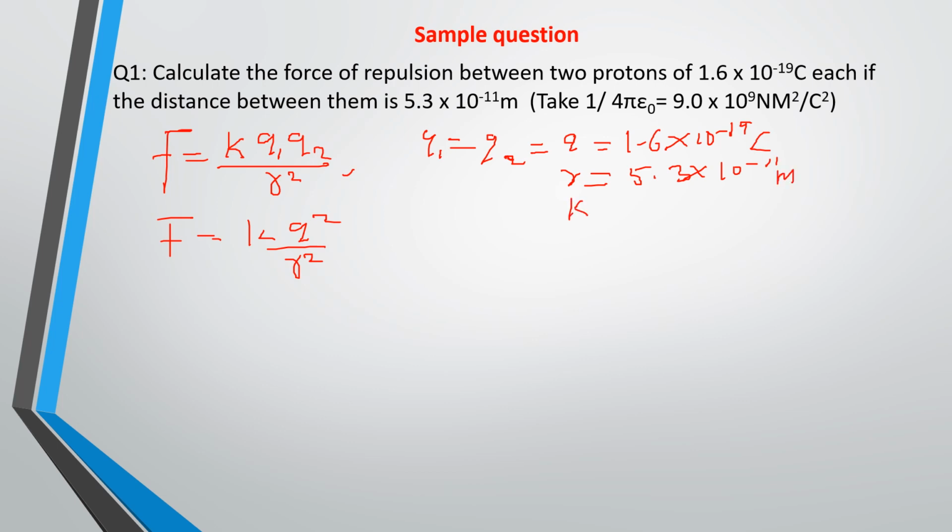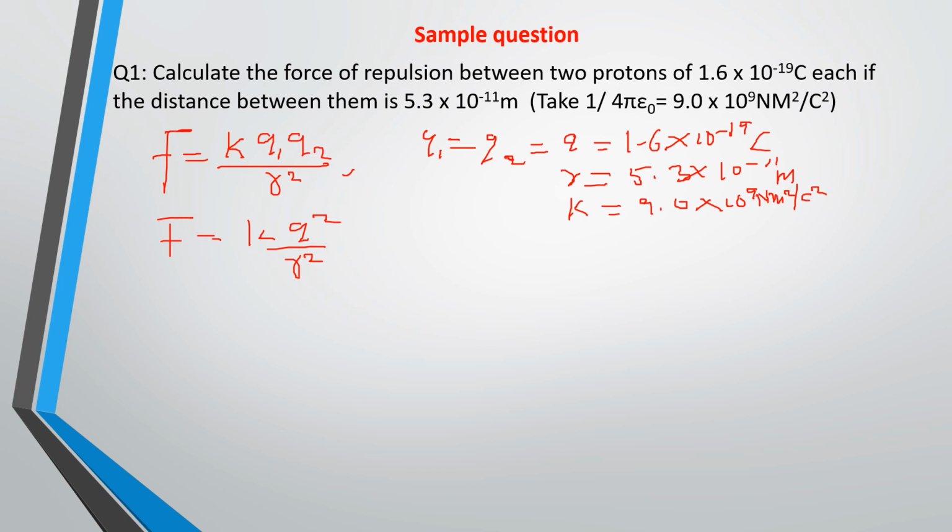K, which is 1 over 4 pi epsilon 0, is given to you to be 9.0 times 10 raised to the power 9 Newton meter squared per Coulomb squared.